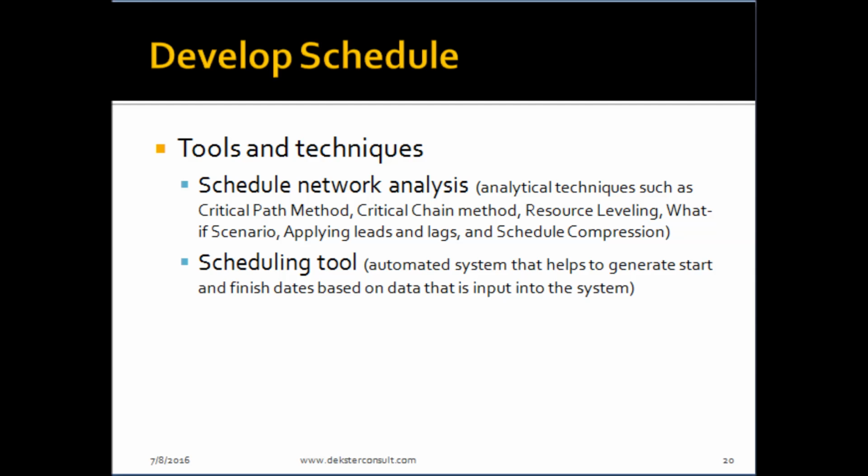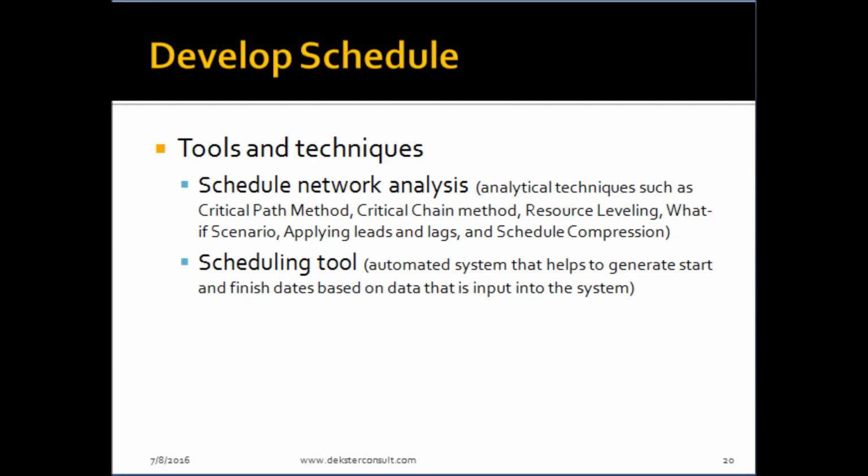Tools and techniques that could be employed here will need a schedule network analysis tool, and analytical techniques that we could employ could include a critical path method, critical chain method, resource leveling, what if scenario, applying leads and lags, and schedule compression.